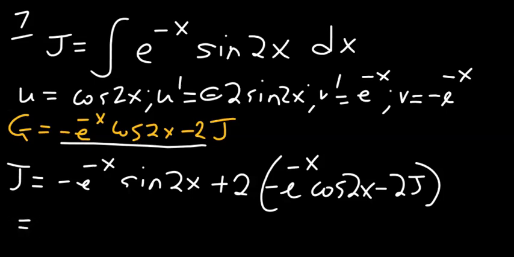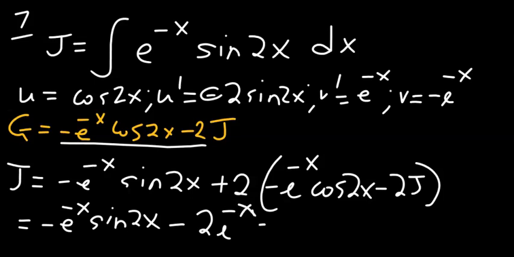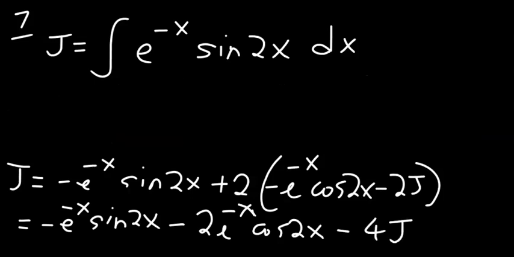Let's expand this a little. It's minus e to the power minus x sine 2x minus 2e to the power minus x cosine 2x minus 4j. And one can solve j algebraically from this equation.